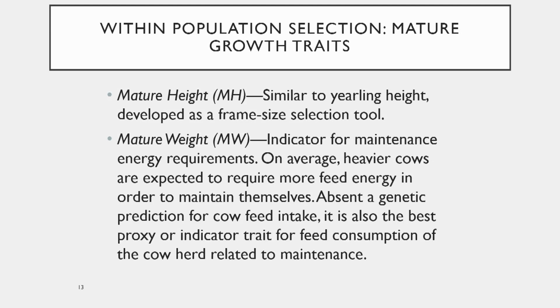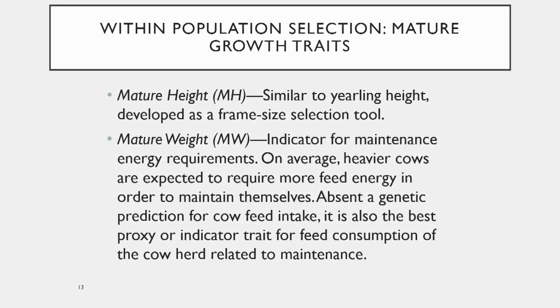There's a lot of tools that you can use within population. Notice I'm trying to avoid the use of the word within breed, so it could be within population to select for maternally oriented animals. So I have a couple here that are growth focused. Mature height, I'm not particularly keen on mature height because I don't think we feed height, I think we feed weight. So mature weight to me is more important.